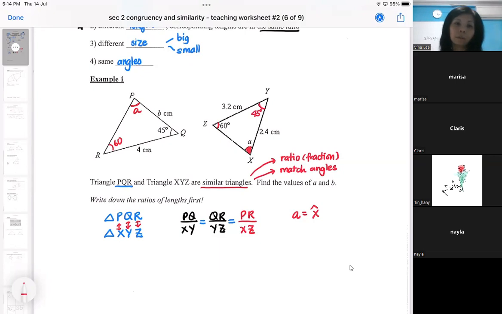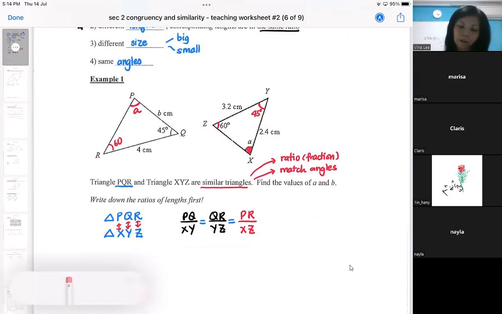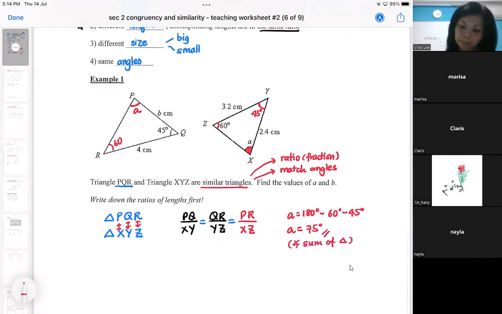So you do all the matching in the angle, then you realize that you can find the value of A by doing 180 minus 60 minus 45. And of course, you got to quote the angle sum of triangle. So matching of the angle is quite easy.